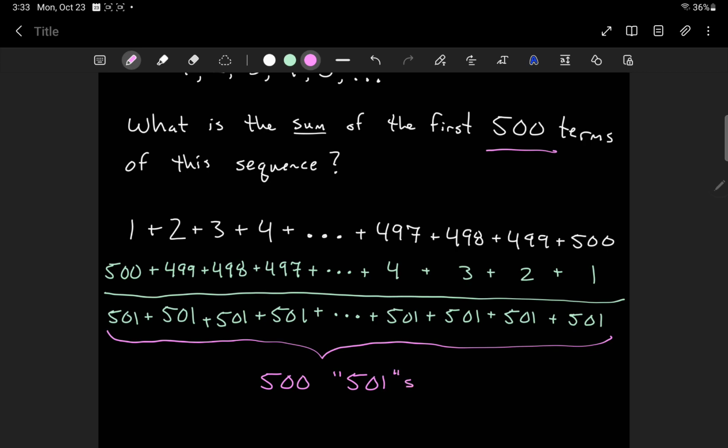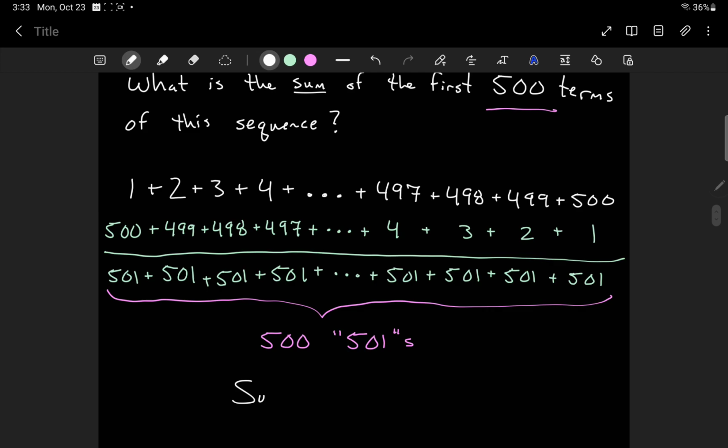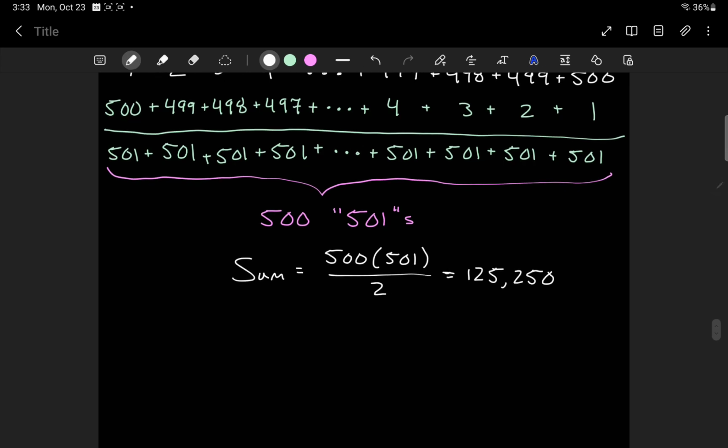So we would say that the sum is going to be equal to 500 times 501 divided by 2. Just to give you an idea of what that number is, that is 125,250. Right. So that's the numbers 1 through 500 added together.